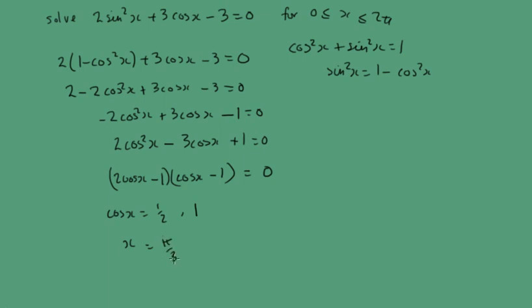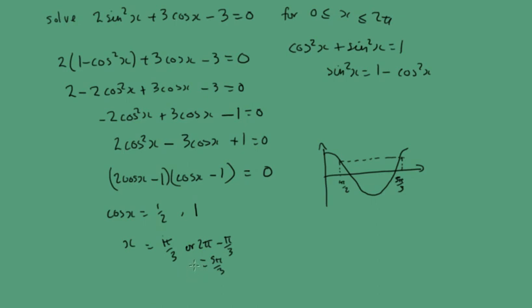That then gives us x is equal to pi over 3, or 2 pi minus pi over 3. I'll just show you why. Let's just sketch there. So here's pi over 3, and you get one over here as well, which would be 5 pi over 3. So that's equal to 5 pi over 3.